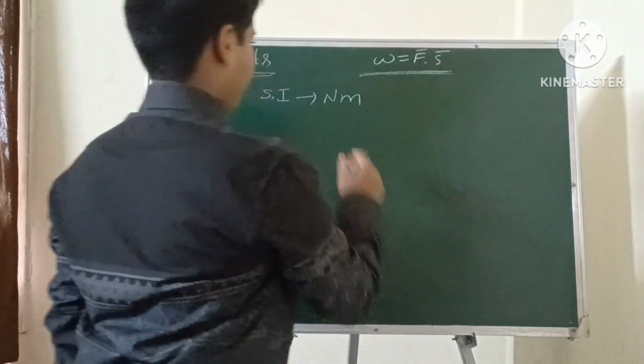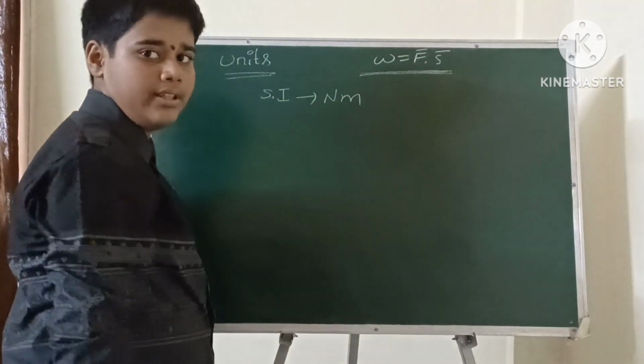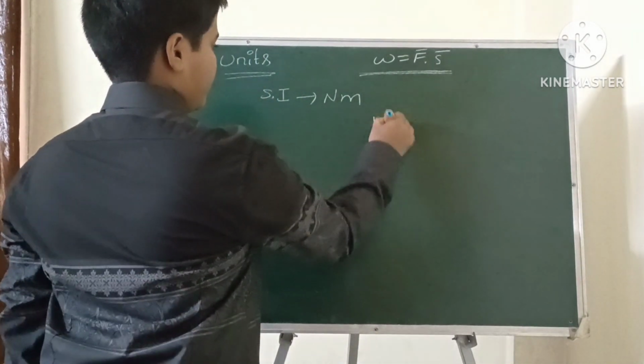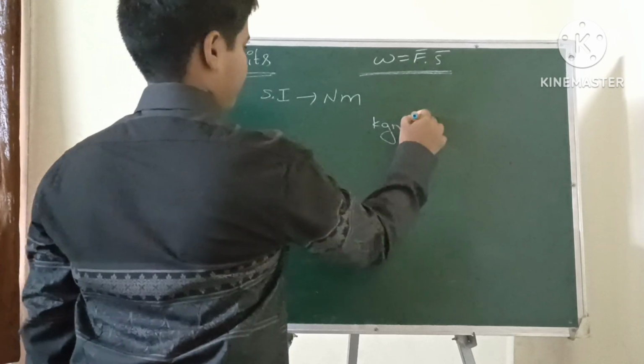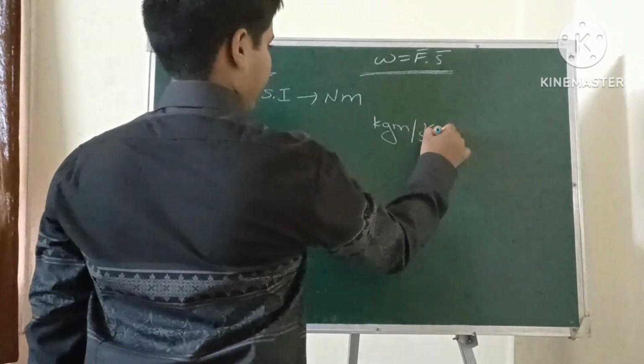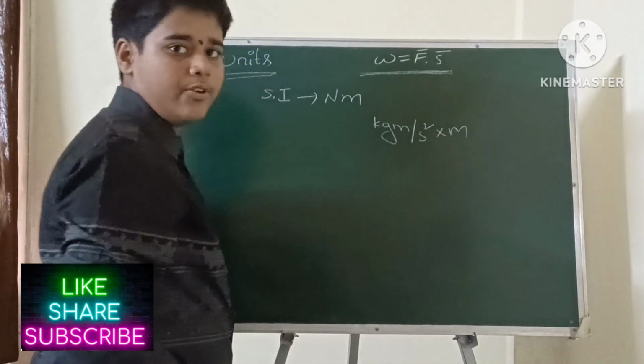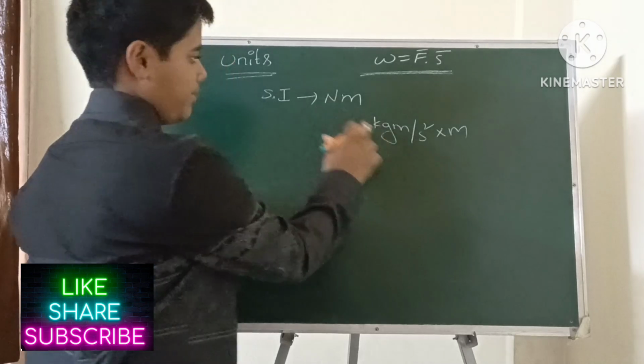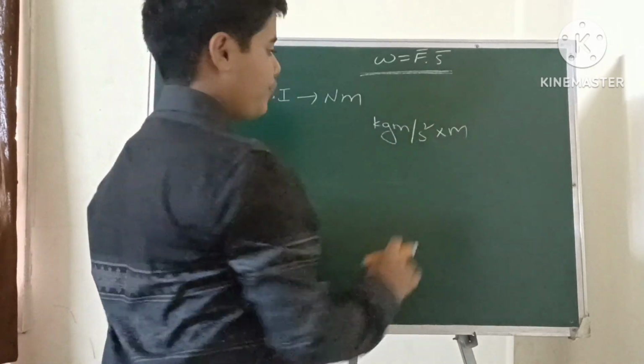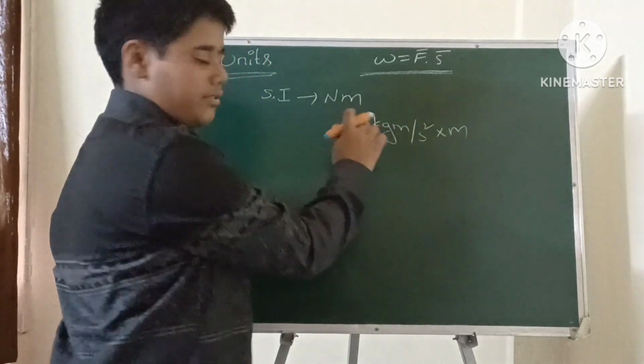So Newton meter is the SI unit. Newton means kg meter per second square, into meter.